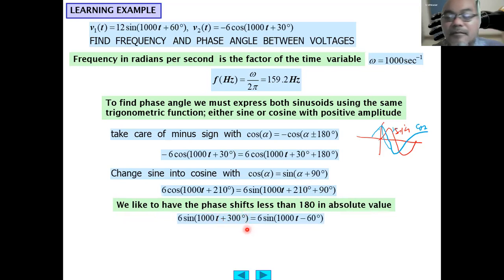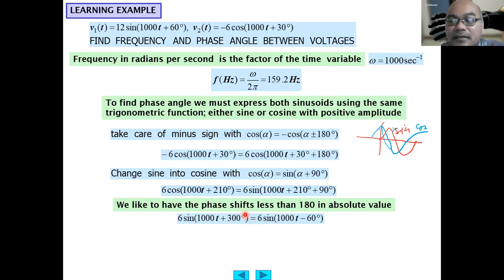We change it to less than 180 degrees. How? By adding negative 360 degrees, because every 360 degrees both functions, sine or cosine, will repeat again at the same place. To obtain a phase shift less than 180 degrees in absolute value, we just add negative 360 degrees.